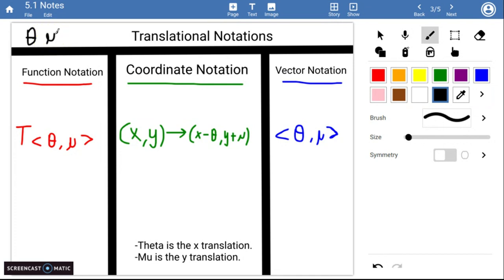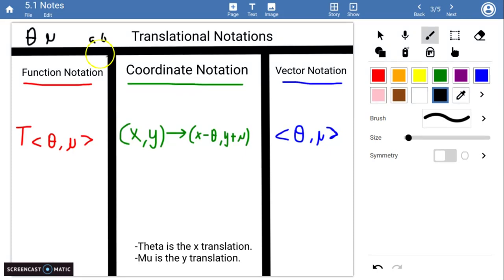Those are used in this equation just as variables. I could have used A or B, any normal alphabet or Greek letters, but I used theta and mu. You just can't use x and y because they're already used for different things.